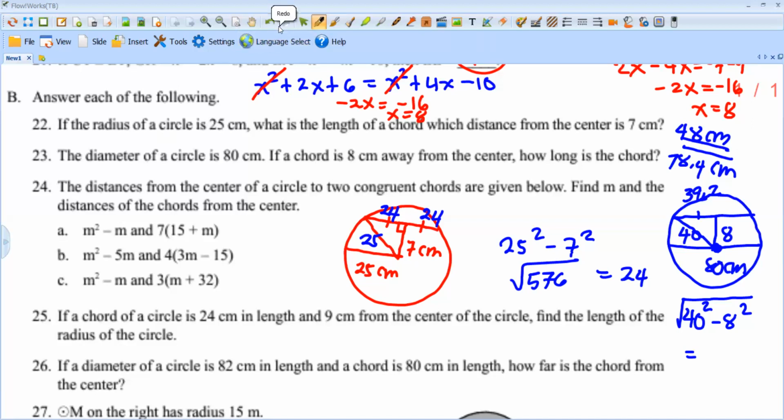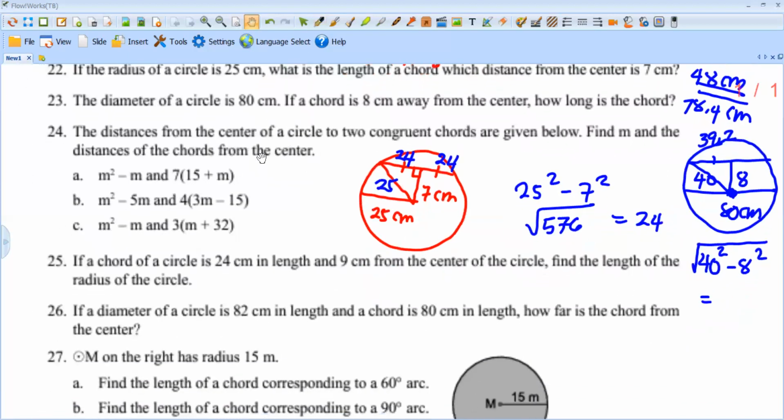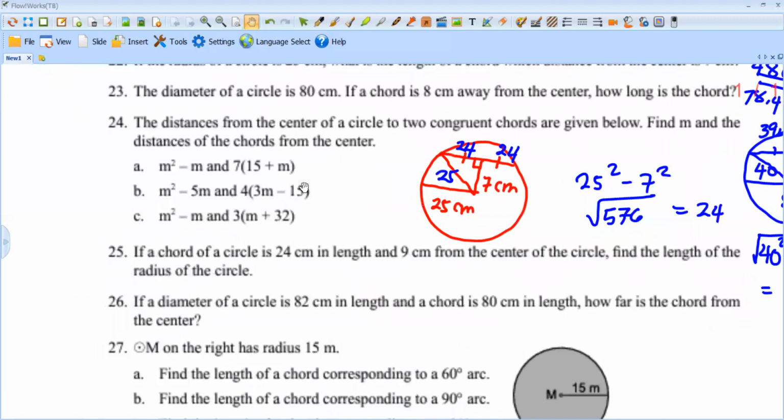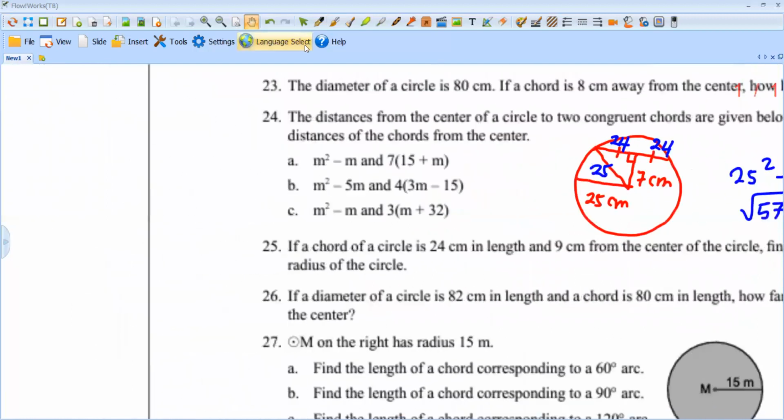Find M and the distances of the chords from the center. Okay, so let us see.